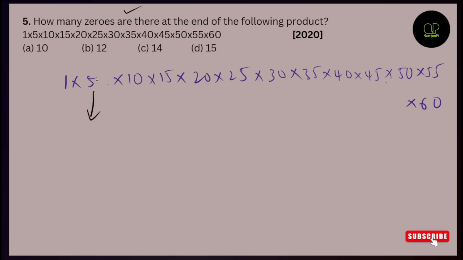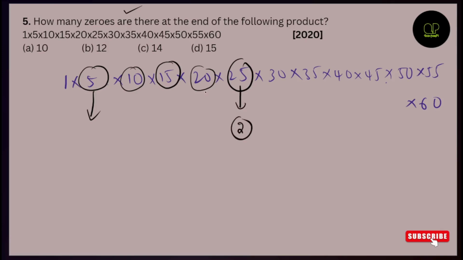So here we have 1 five, here you have 1, here you have 1. In 25, there are 2 fives, remember.